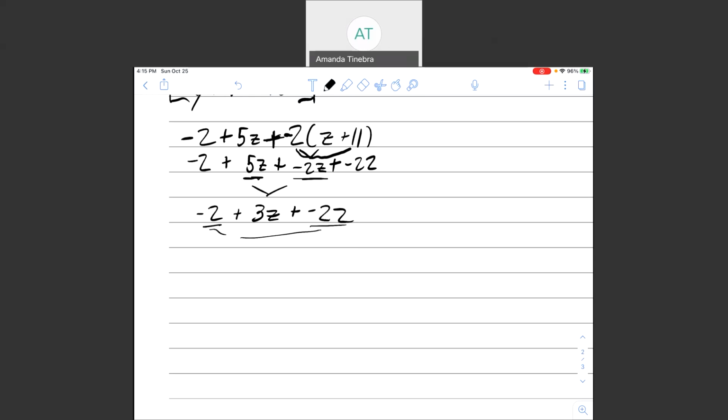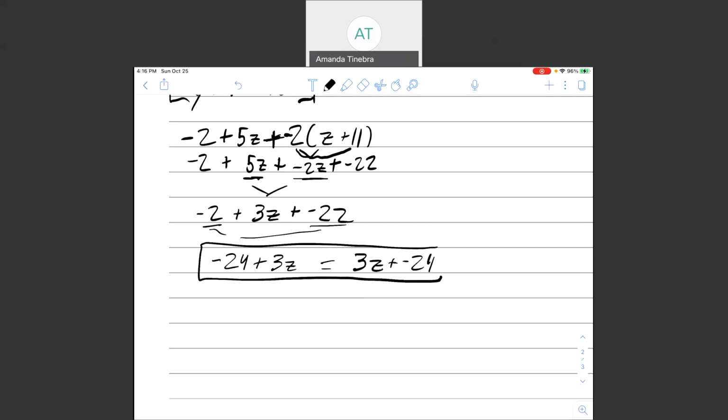Negative 2 plus negative 22, that's negative 24 plus 3z. And that's my final answer. Now maybe you wrote your final answer as 3z plus negative 24. In that case, both of these are accurate because of the commutative property, which says that with addition, we can change the order. So whether you wrote your answer as negative 24 plus 3z or as 3z plus negative 24, either of those are exactly perfect, okay?